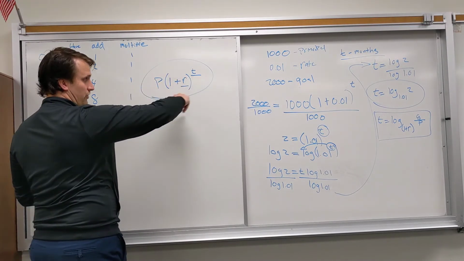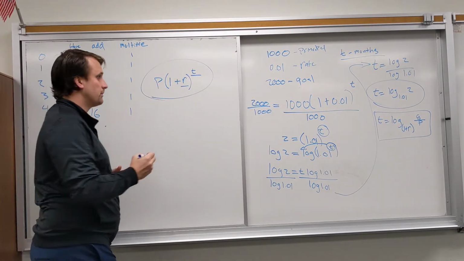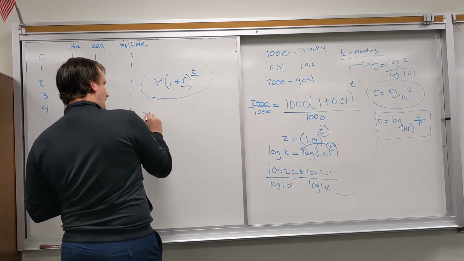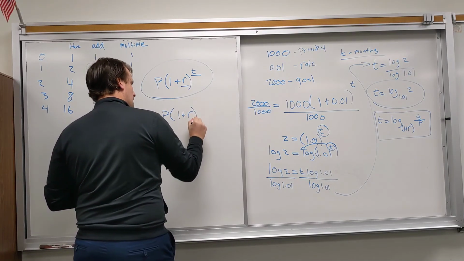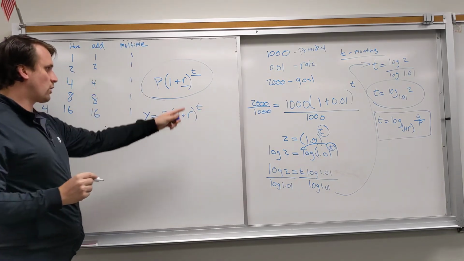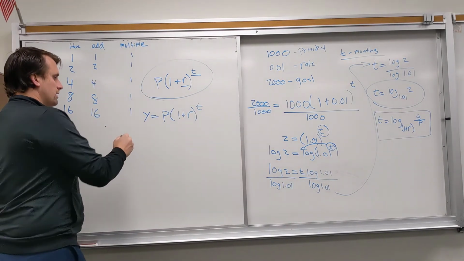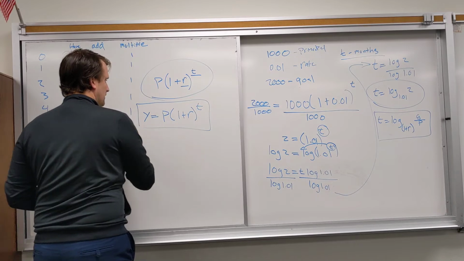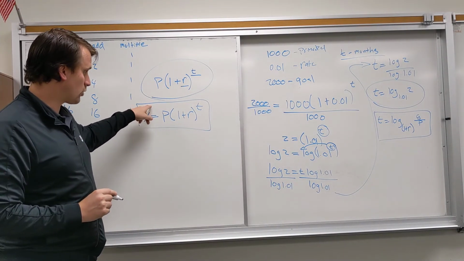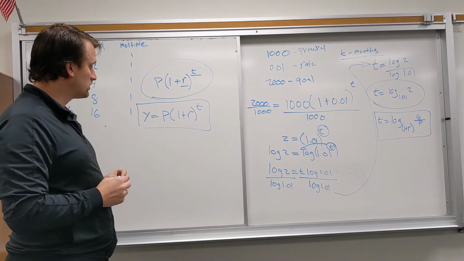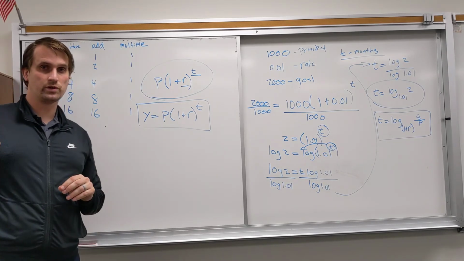This expression right here, or if we want an equation, we could call it y is equal to. This equation is the only equation that matters for this unit. I'll say that again. This equation right here is the only equation that matters for this unit.